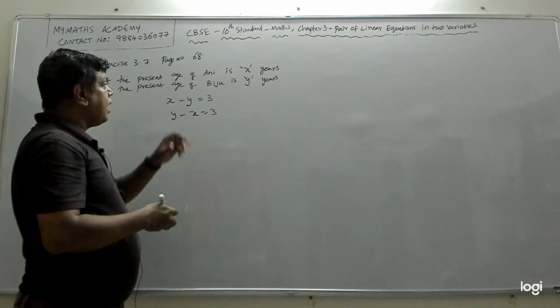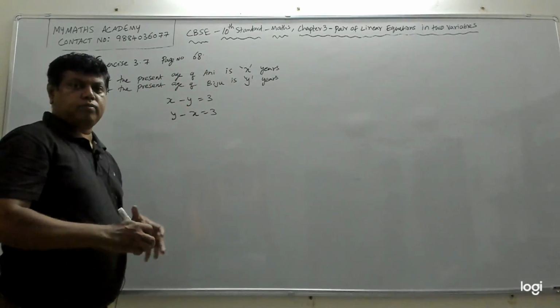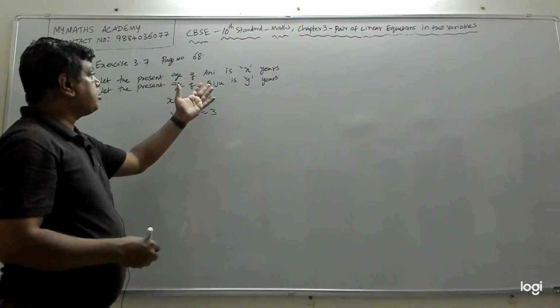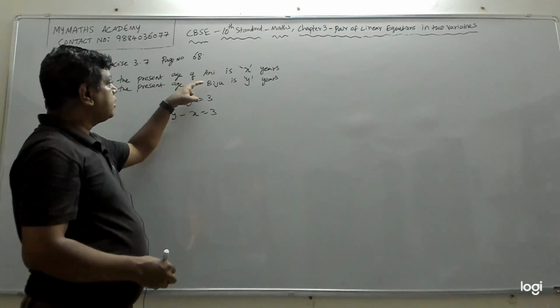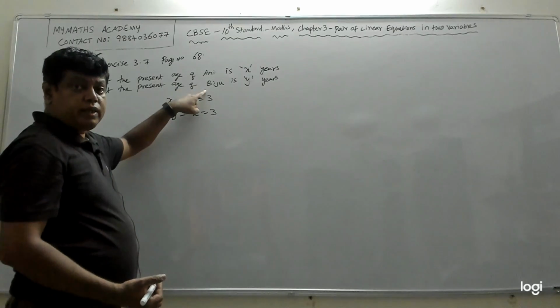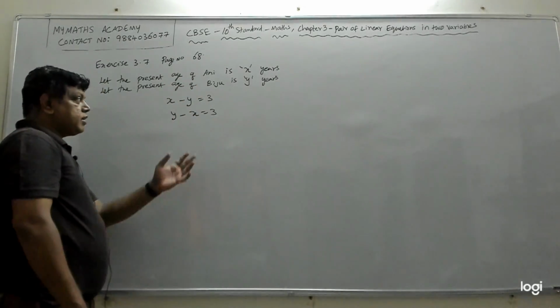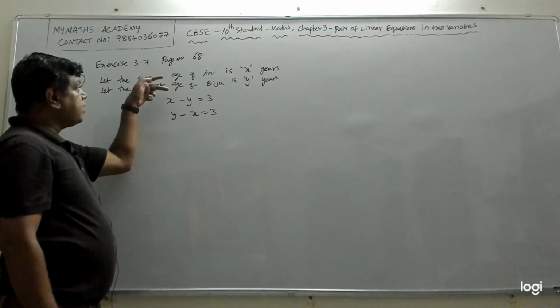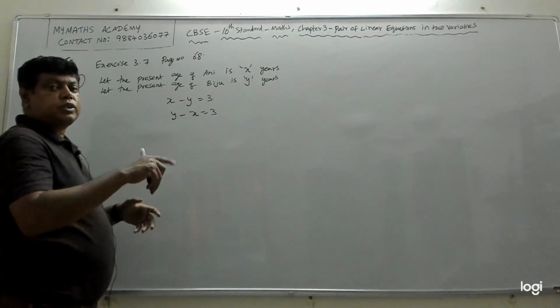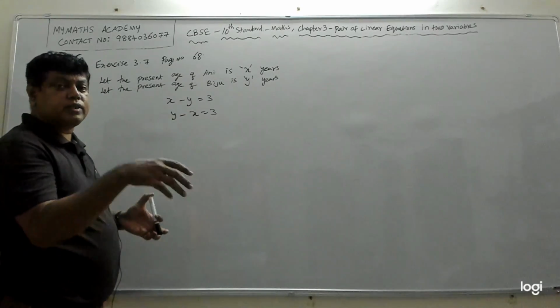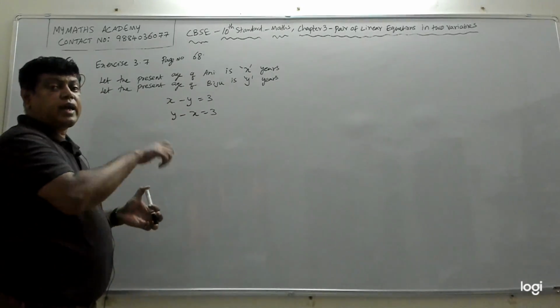We don't know whether X is bigger or Y is bigger. Suppose he is 10 and he is 7, or he is 7 and he is 10. I'm just taking an example of 10 and 7. The difference is 3. Whenever we say difference, we don't know which minus which. Whether Annie's age minus Biju's age is 3, or Biju's age minus Annie's age is 3.